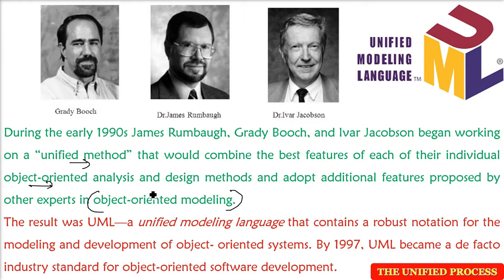It has all the notation right from the specification, your requirement, your modeling, design, and your testing. Everything is there. So this is a robust notation for the modeling and development of object-oriented systems. By 1997, UML had become a de facto industry standard for object-oriented software development, and we are still using Unified Modeling Language for various aspects of software engineering.